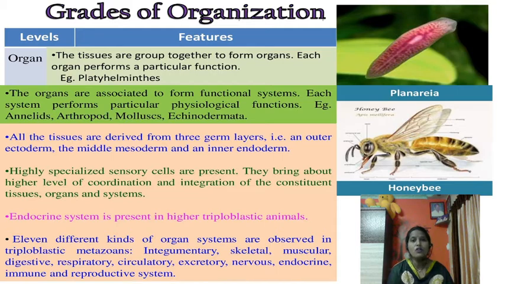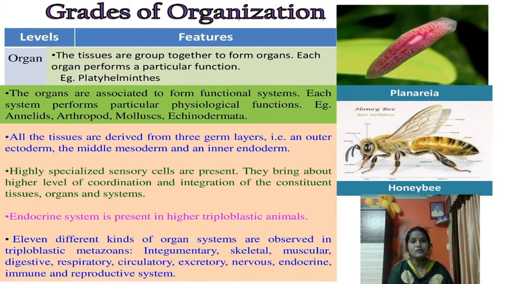Then the more modified organ system level of organization is observed in the organisms belonging to phylum Annelida, Arthropoda, Mollusca, Echinodermata up to Chordata.